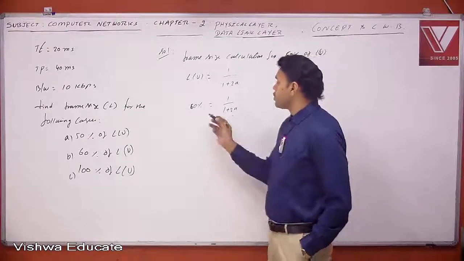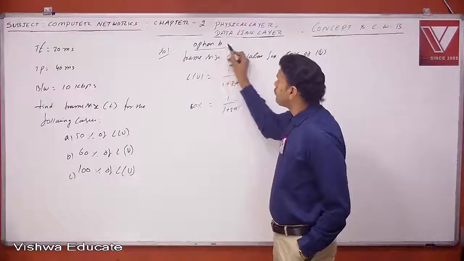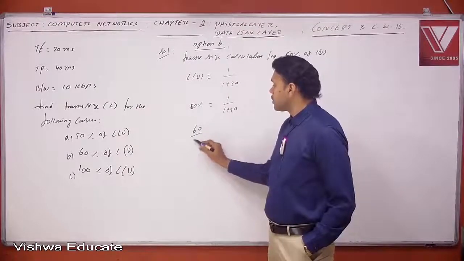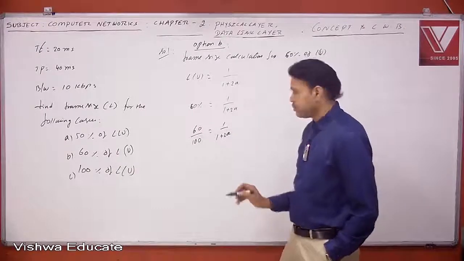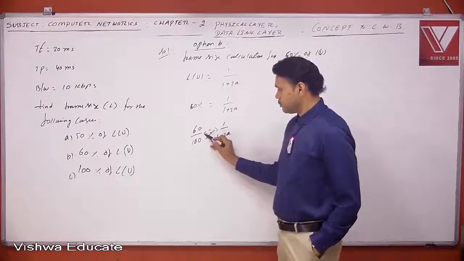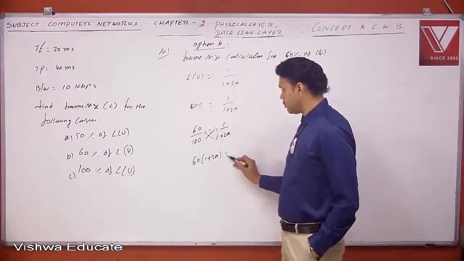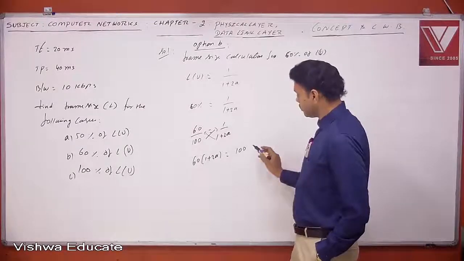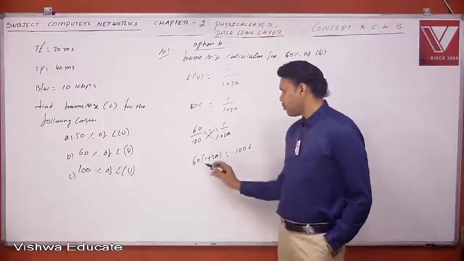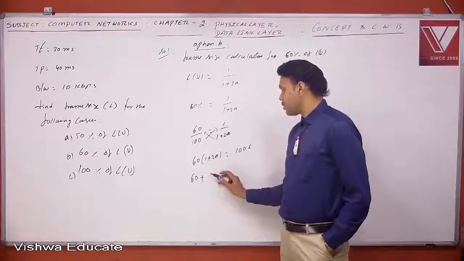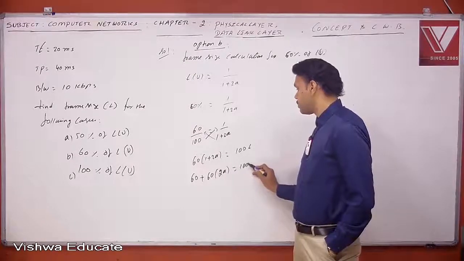So 60%, case B. So 60% is nothing but 60 by 100 equal to 1 by 1 plus 2a. So we want to find the L value. So 60 plus 60 of 2a equal to 100L.